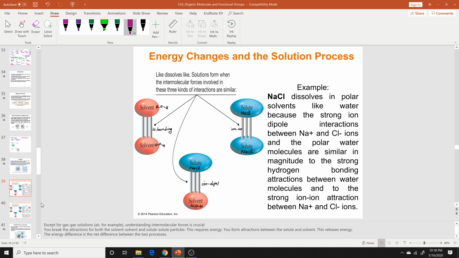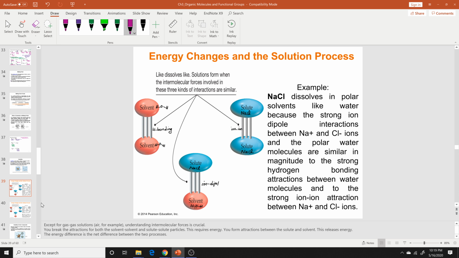For this, I should look at the intermolecular forces between the sodium chloride, and I should compare these with the intermolecular forces of the solvent, which in this case is water, and I should look at the intermolecular forces that will form between the sodium chloride and the water. The magnitude of these intermolecular forces has to have the same energy for the sodium chloride to dissolve in water.